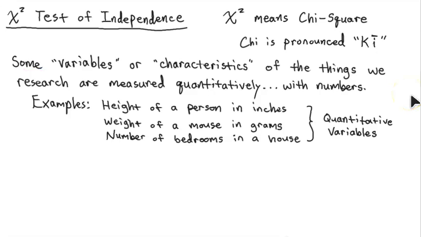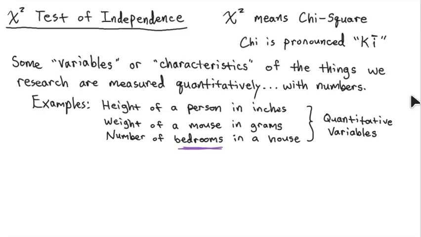Some variables or characteristics of the things that we research in statistics and in science are measured quantitatively. That means with numbers. For example, the height of a person in inches or the weight of a mouse in grams is a number, and we call that a quantitative variable.